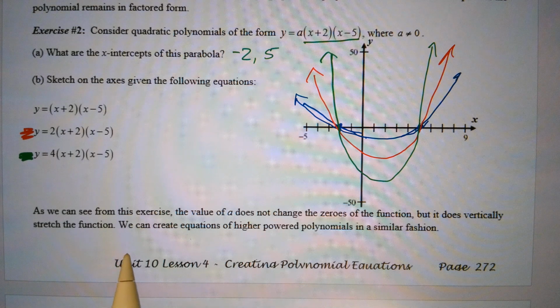As we can see from the exercise, the value of a does not change. The zeros of the function remain the same, but it vertically stretches the function.